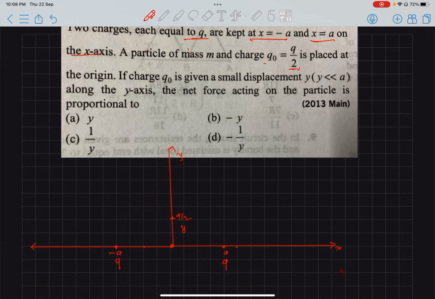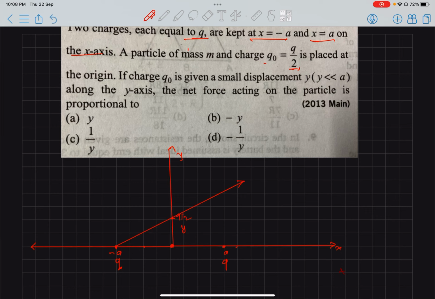We are considering the charges of the same sign, either all positive or all negative. Okay, all three of them. So if they are of the same sign, there will be repulsion between any two charges. So because of the charge at minus a and the charge displaced in the y direction, there will be a repulsive force like this.